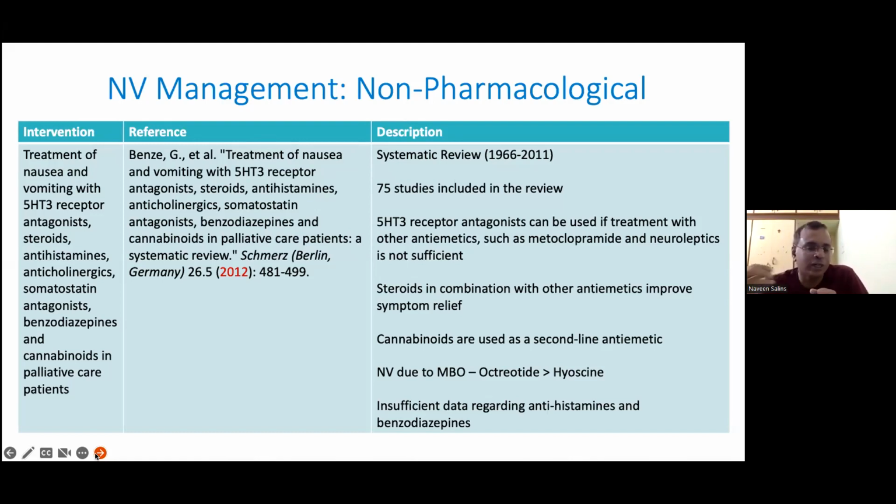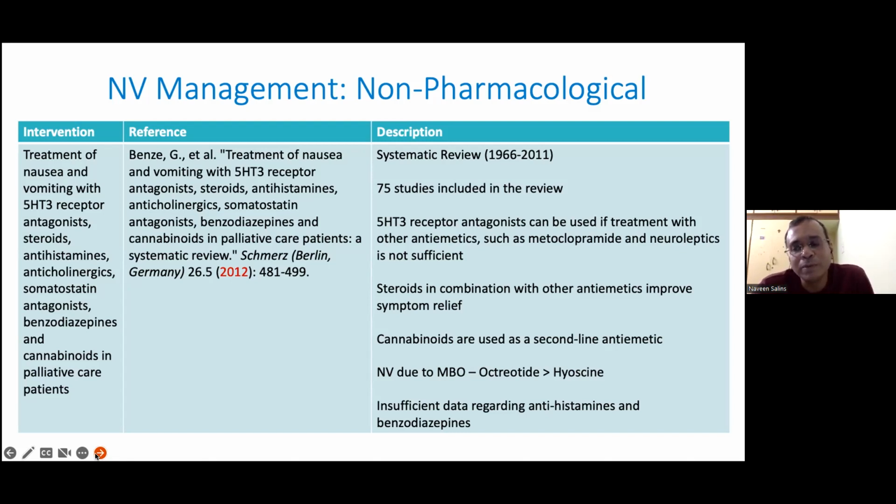Somebody with an interest in systematic reviews could take this topic up. They looked at many things together: 5-HT3 receptor antagonists, steroids, antihistaminics, anticholinergics, somatostatin analogs, benzodiazepines, cannabinoids. So everything together in the management of nausea and vomiting.